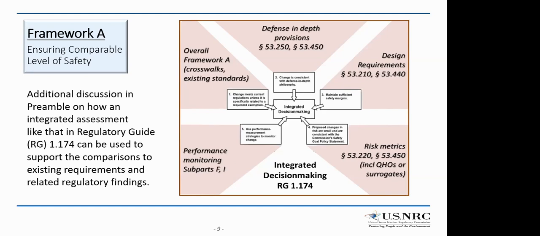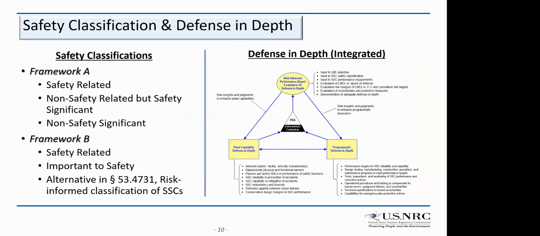And then lastly, to make sure that whatever you put in place has appropriate monitoring of the actual performance. So this is kind of the exercise we went through in developing this. These are familiar slides for those that have worked with or read the licensing modernization.